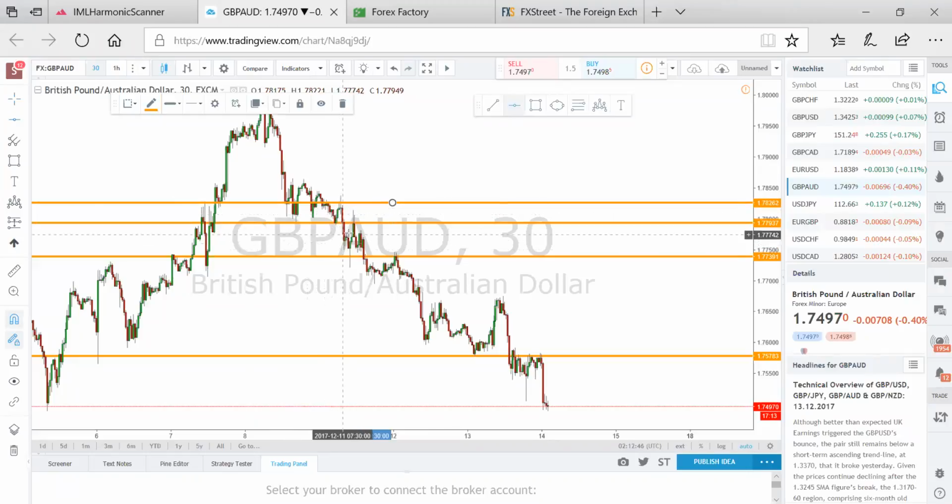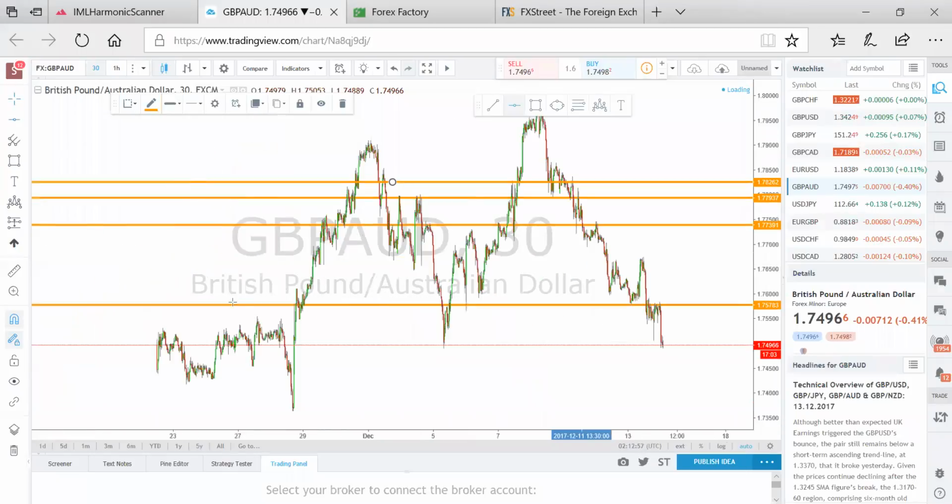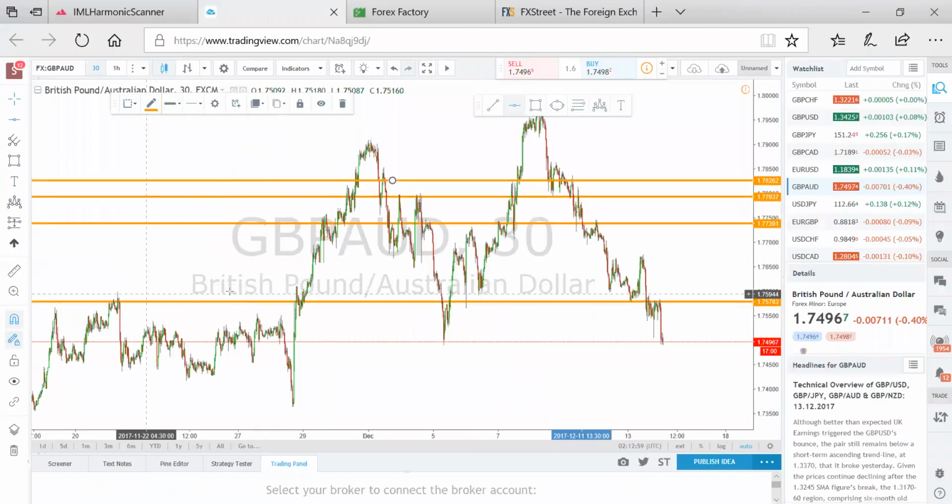Touched, broke, retest. Touched, broke, retest. So what I'm saying is, you see this little area here? Price broke this line. I'm thinking price is going to retest that line.